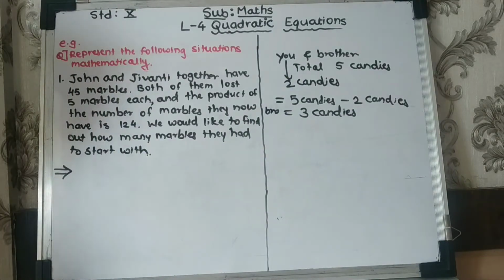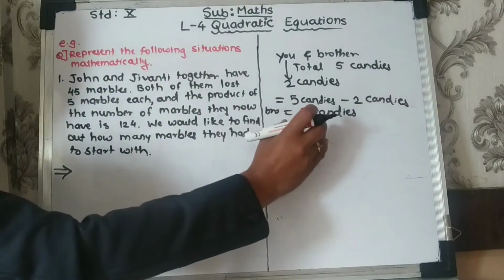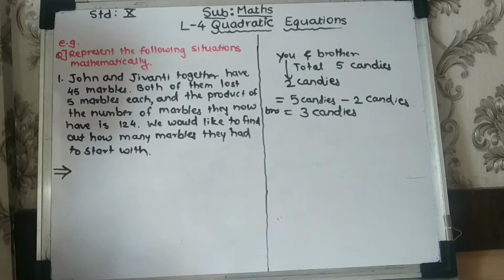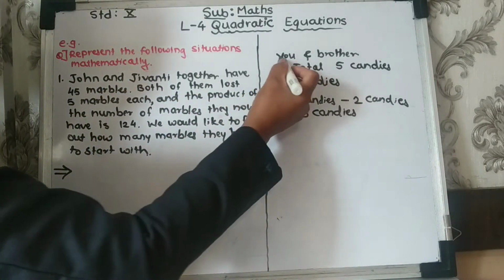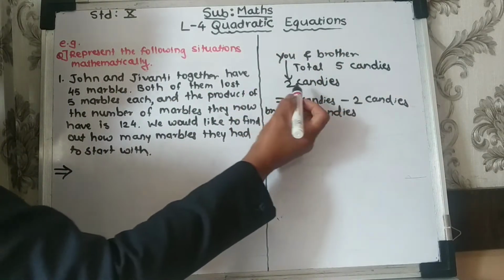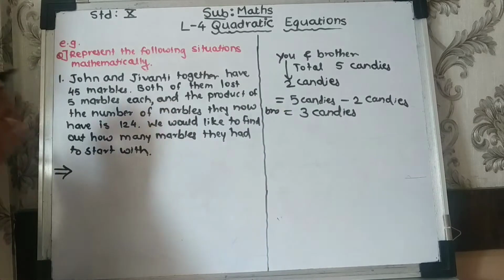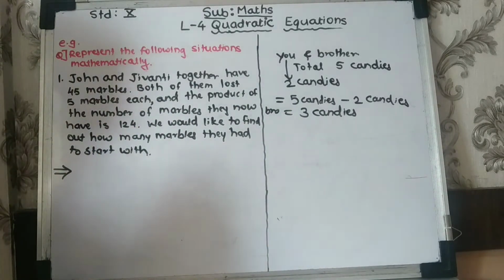Got it? So we are going to take the same situation here, but the difference is that here we do not know how many either person has. So what we are going to do is consider one of them as x, and let us assume that x is a known quantity.